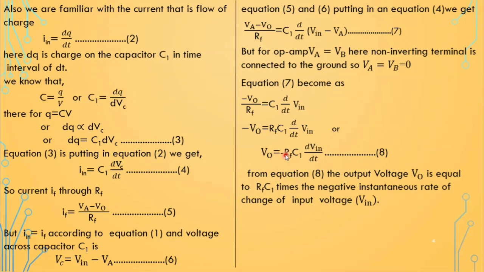This negative sign is very important, because suppose we give a sine wave, that sine wave is differentiated and we get the cos wave, but due to the minus sign, it gets inverted. So that is our answer.